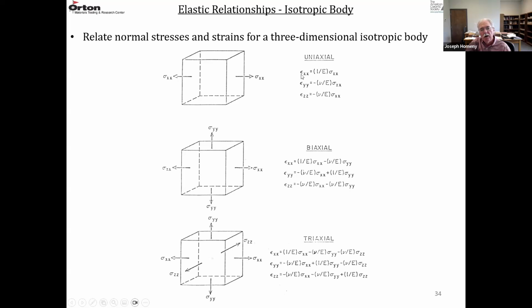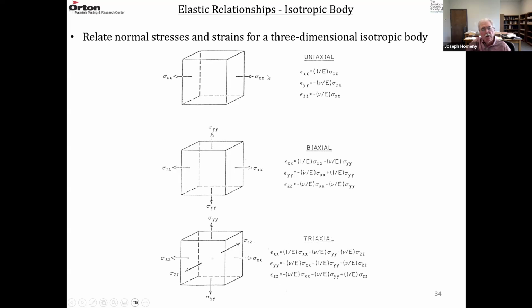So there's an epsilon xx in the direction of sigma xx. There's an epsilon yy and an epsilon zz because of the Poisson effect. So you're pulling this material, let's say in this x direction, sigma xx, but the material is contracting in the y and z direction.